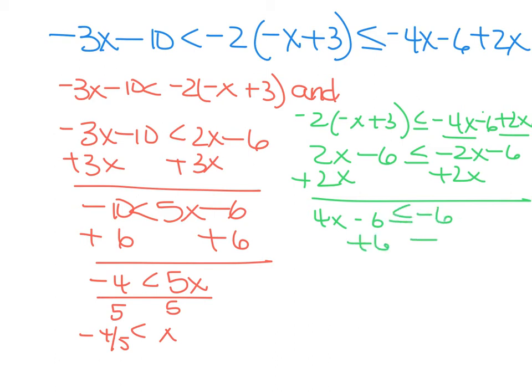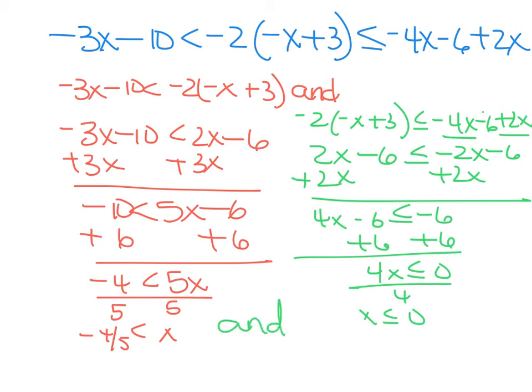Add 6. 4x is less than or equal to 0. Divide by 4, which means x is less than or equal to 0. So my two answers are, and again, I like to turn this one around because I don't like them backwards, x is greater than negative 4/5, and x is less than or equal to 0.